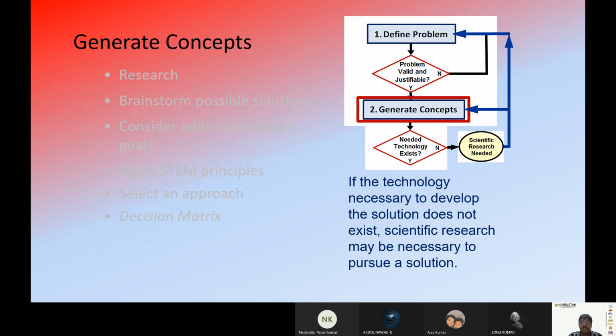Finally, you fit it into our flow chart. That is the second step, after defining the problem, generating concepts. I hope you understood up to this, and if you have any doubts, you can ask me.